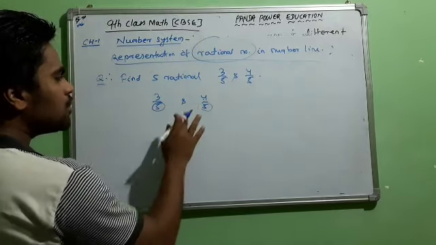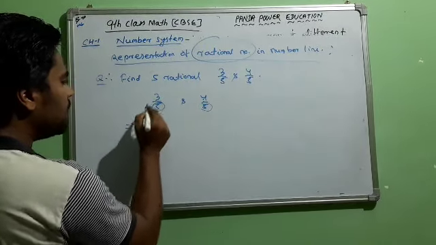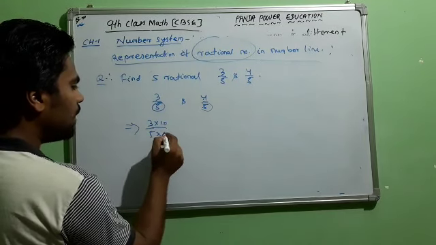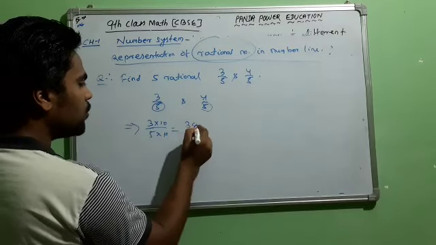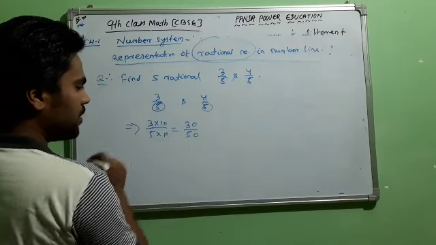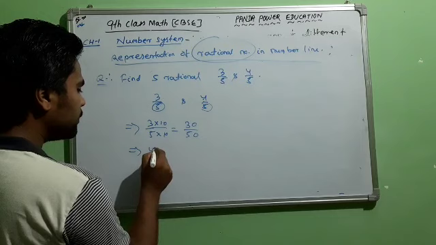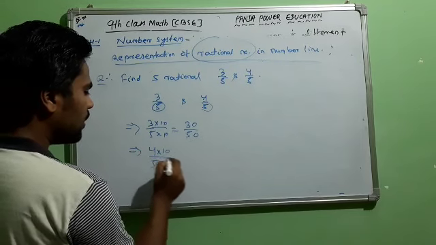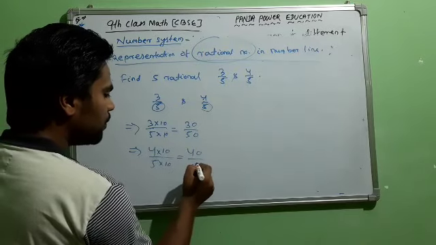So you have to make it 3 by 5 multiplied by 10 over 10, so it comes to 30 by 50. Now 4 by 5 multiplied by 10 over 10 comes to 40 by 50.